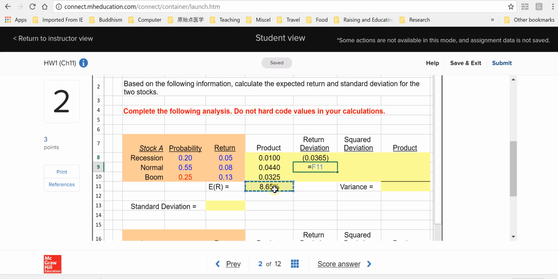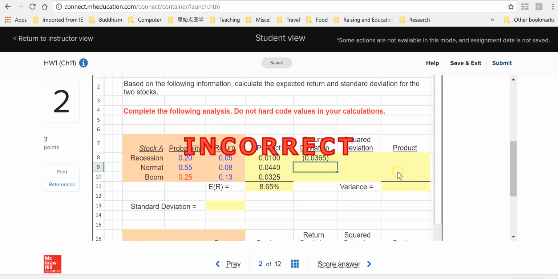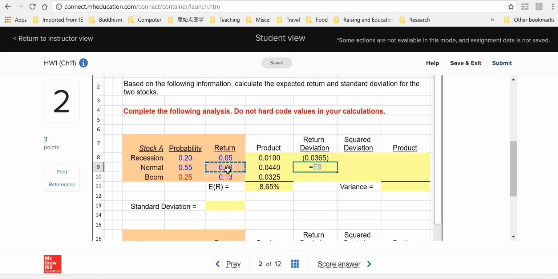Equals that minus the return under the normal state. Oh, actually, it doesn't allow you to do that. So the only way you can input is to take the difference between the return and the expected return, rather than the difference between the expected return and the return under a specific state.